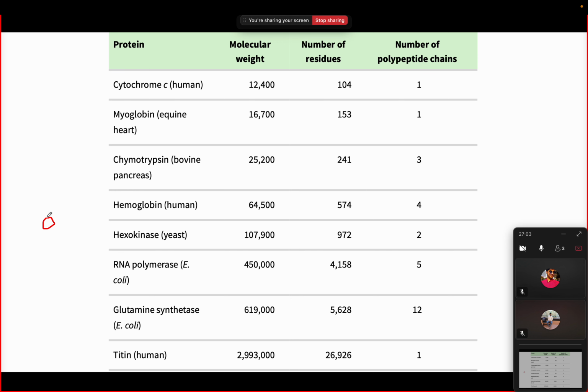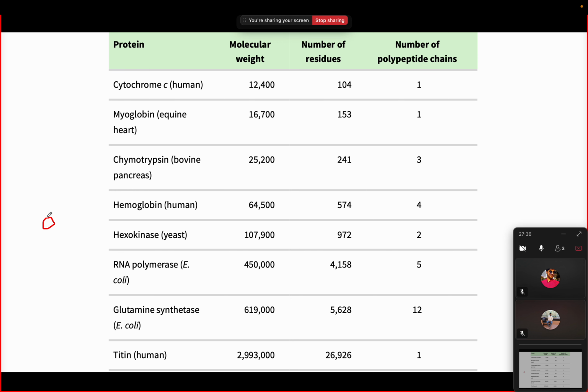How many polypeptide chains are associated with this protein? Only one, which means there is one long thread-like structure having 104 residues which comprises cytochrome C. Then myoglobin has a molecular weight of 16,700 and 153 residues, and again a single polypeptide chain.